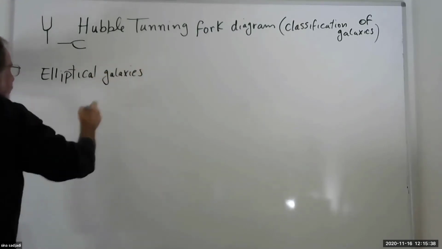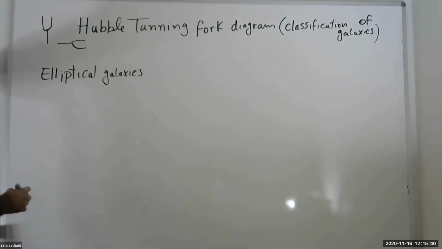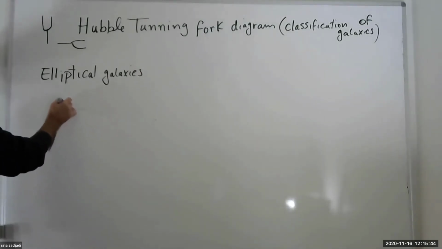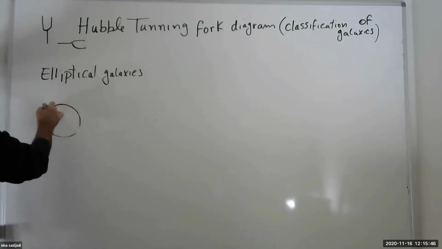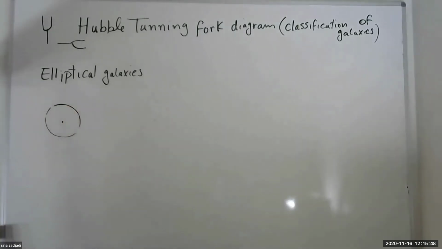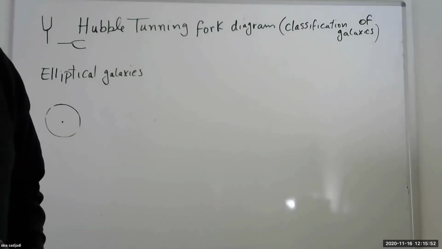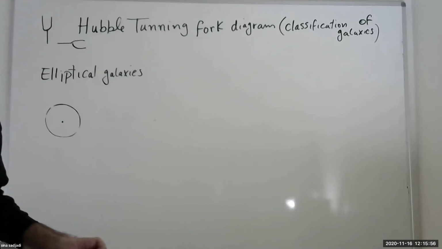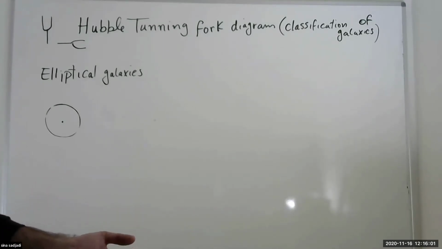Elliptical galaxies. So elliptical galaxies have some that are perfectly spherical, and they're pretty big actually. They're like a big gigantic ball of stars, and they have no dust or gas. In other words, the star formation is over with. They don't make any new stars. The stars are all like red giants and red supergiants. They're old, ancient stars.